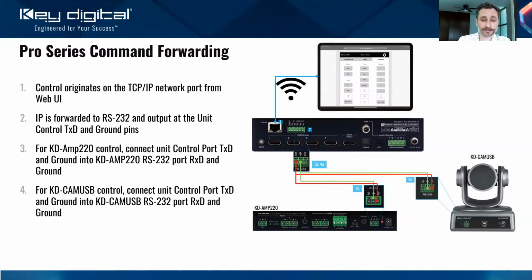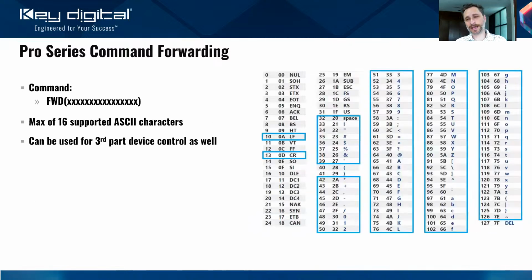So it's truly a very, very powerful switcher that, although it doesn't originate the commands, it forwards them. And actually, you can do this from your own third-party control system if you wanted to. It basically gives you an RS-232 port, and it's a flexible baud rate in the switcher.